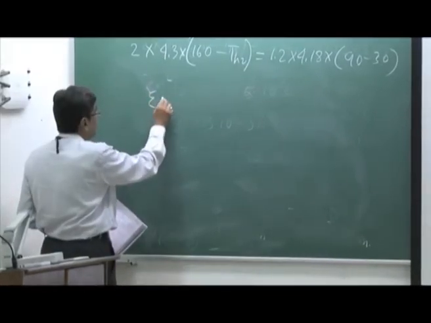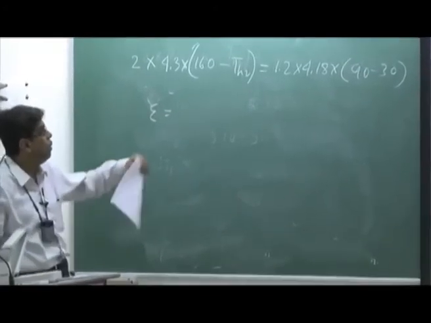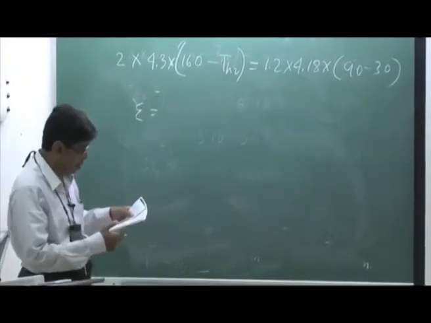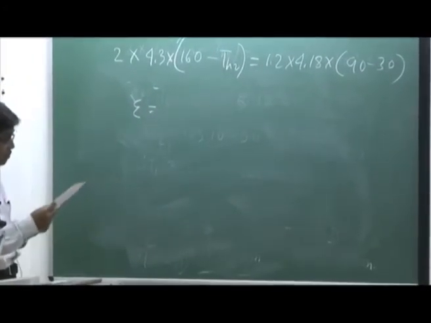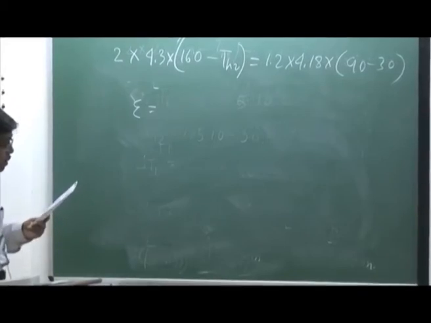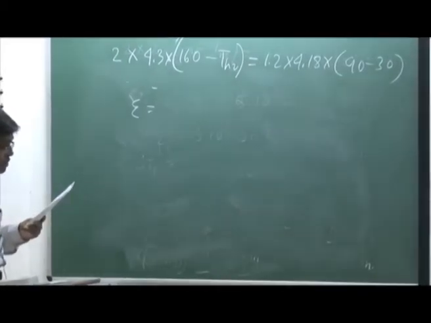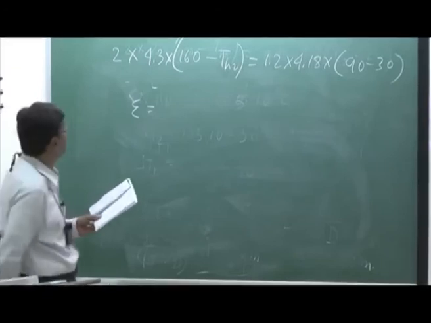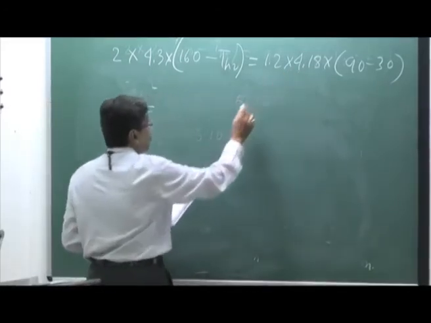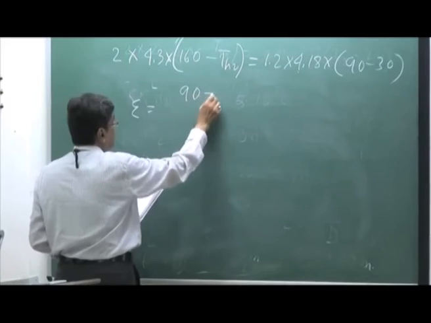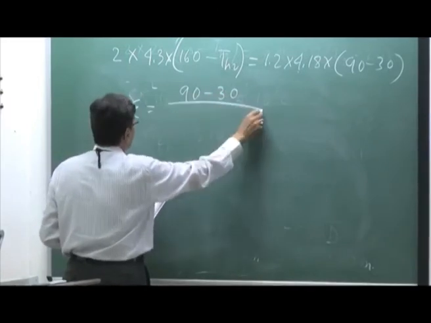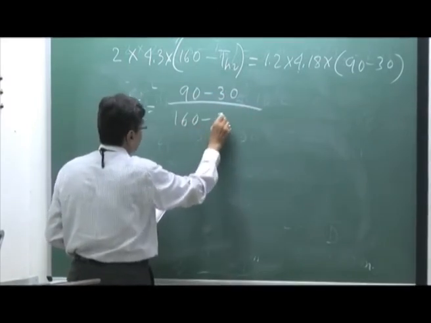Epsilon is known. You tell me what is epsilon? Minimum fluid is which one? Minimum fluid is m dot c dot. This is the minimum fluid. So epsilon will be 90 minus 30 divided by 160 minus 30.